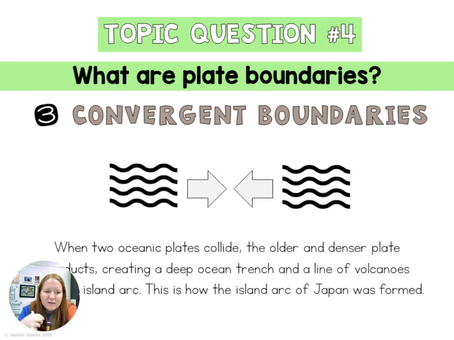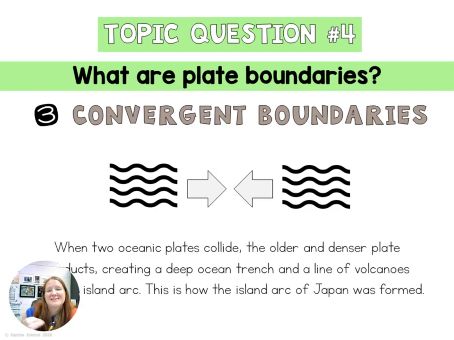So when those two oceanic plates collide, the older and denser plate is going to subduct, creating another deep ocean trench. But in this case, instead of creating a volcanic mountain range, it's going to create a volcanic island arc, like Japan. Japan itself was created from a volcanic island arc due to the subduction of the Pacific plate.